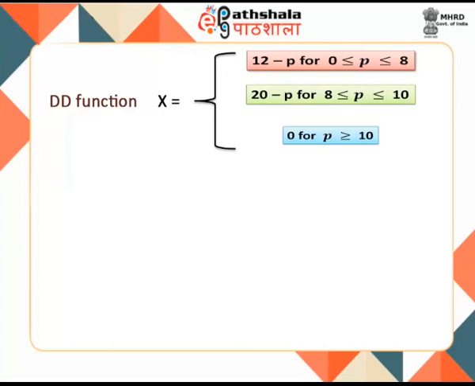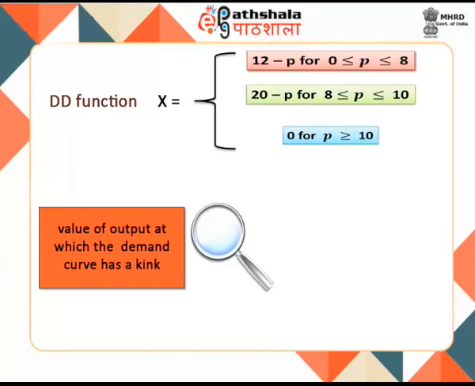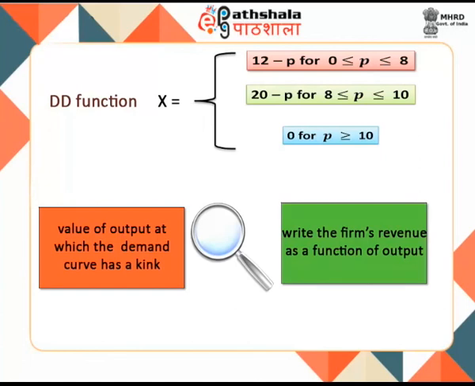We have to graph this demand function with p on the vertical axis and x on the horizontal axis and find the value of output at which the demand curve has a kink. Also, we have to write the firm's revenue as a function of output and graph this function.